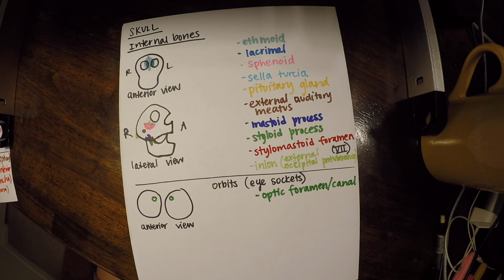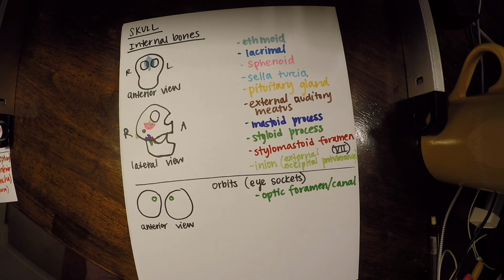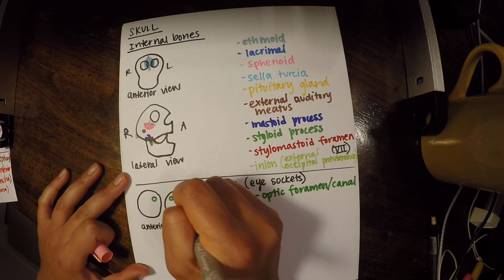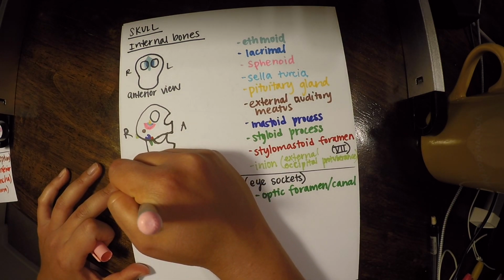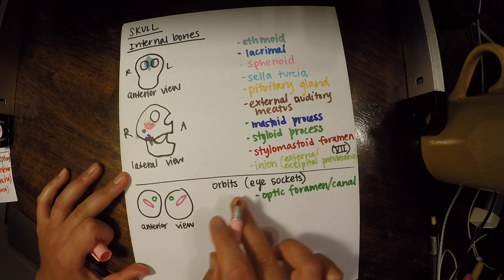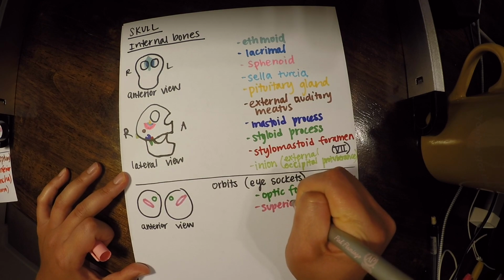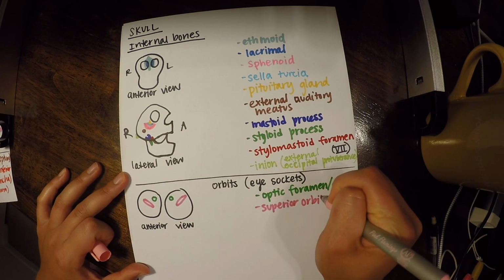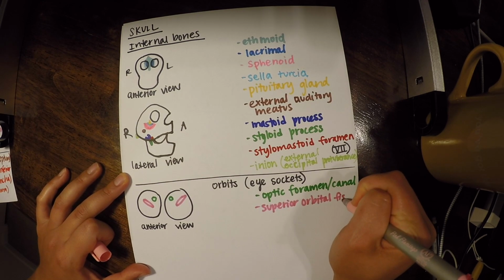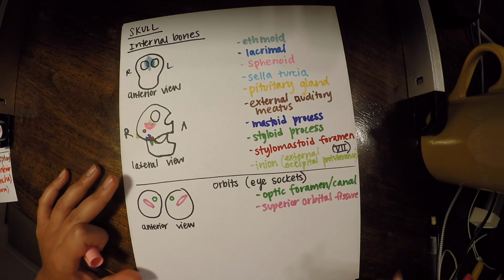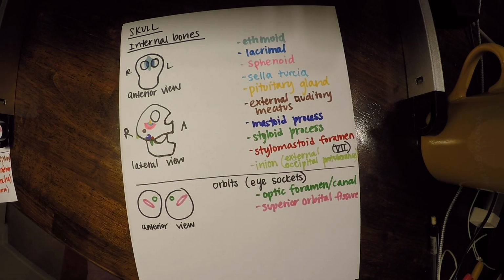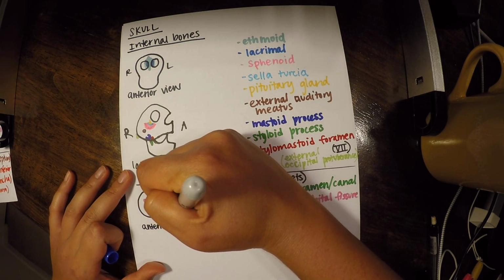So I'm going to bring that back in a second after we review the other two. So in addition, we're also going to have the superior orbital fissure, which you'll be able to see inside of the orbits or the eye sockets. And lastly, the inferior orbital fissure.